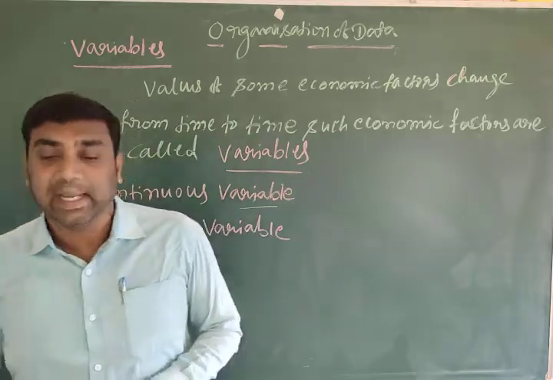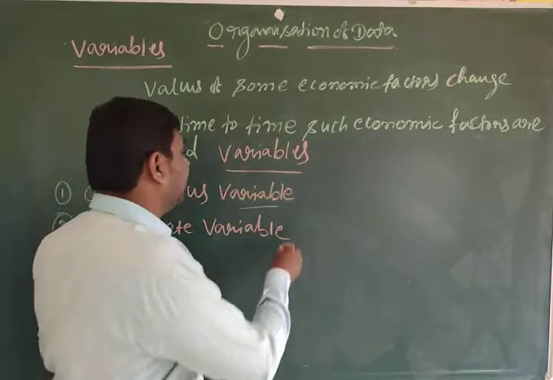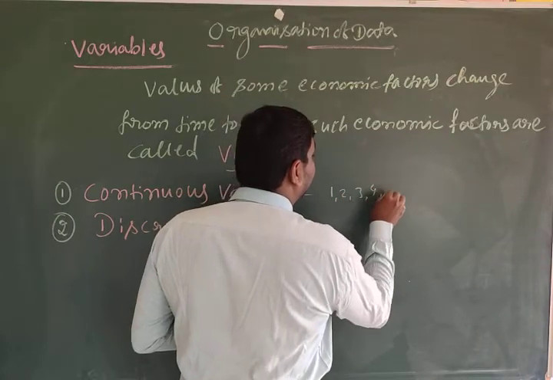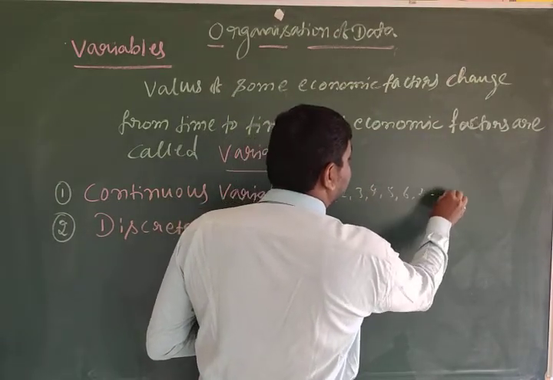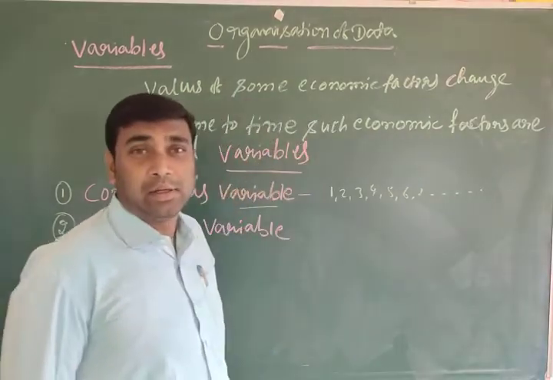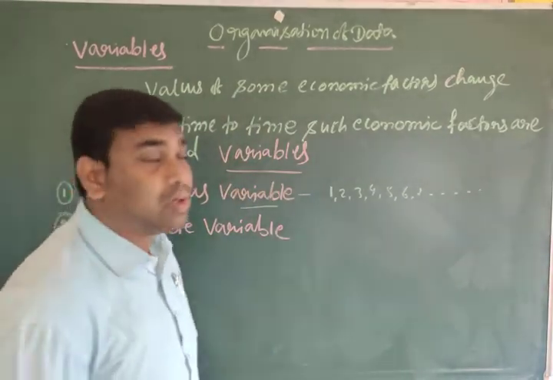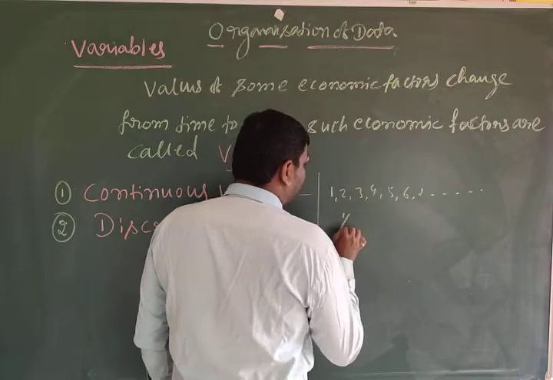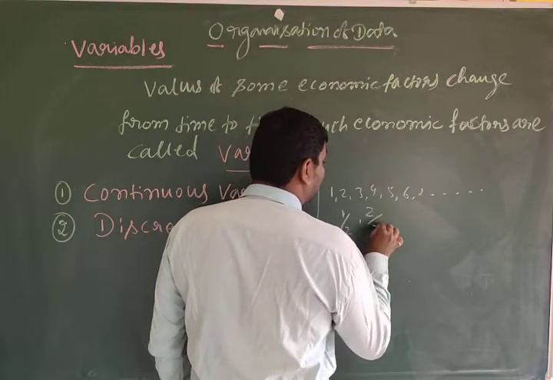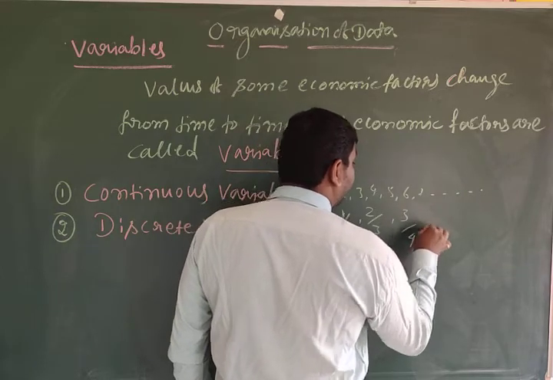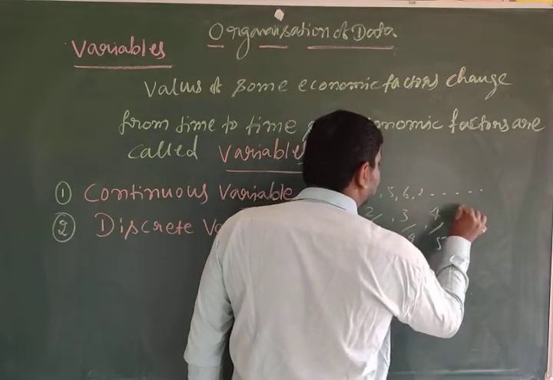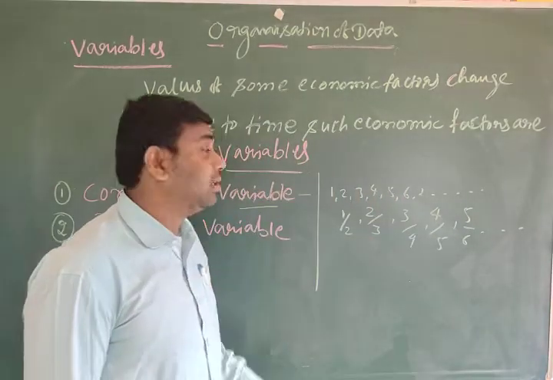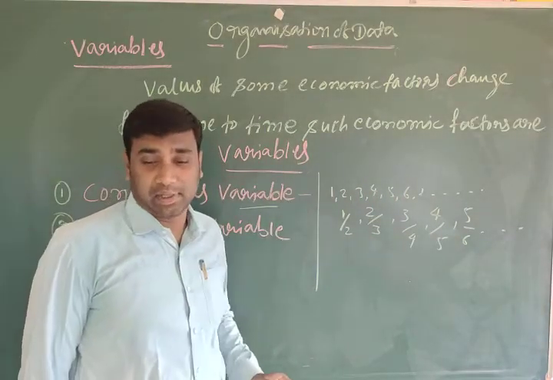It may take integral values, for example 1, 2, 3, 4, 5, 6, and also fractional values like 1/2, 2/3, 3/4, 4/5, 5/6. This is called a continuous variable.